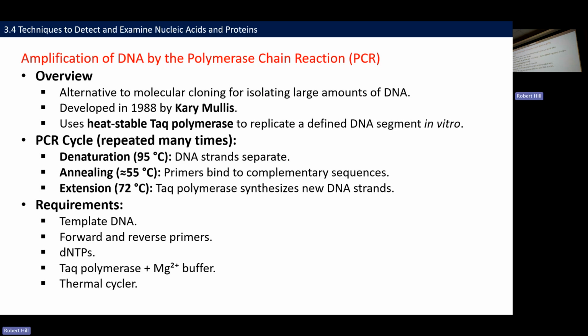All right, so we separated the DNA, and now these forward primers have bound to the complementary regions of the DNA. The last step is extension, which typically happens around 72 degrees Celsius.